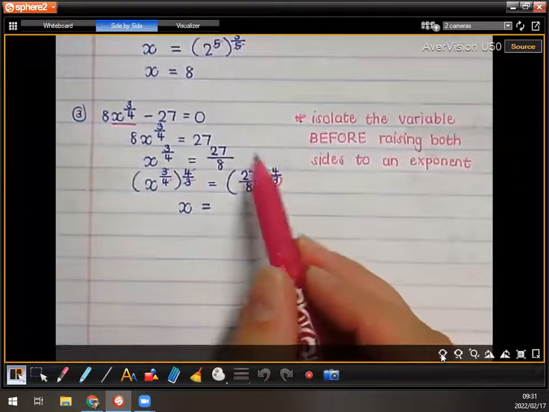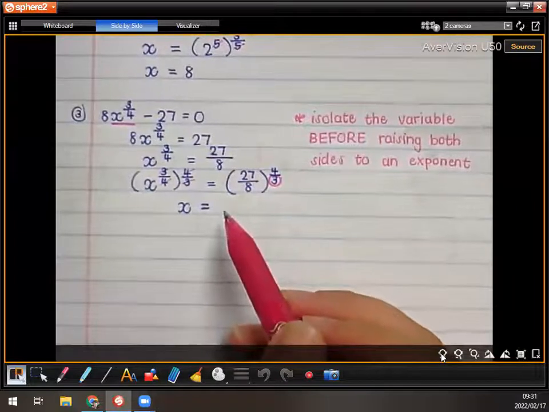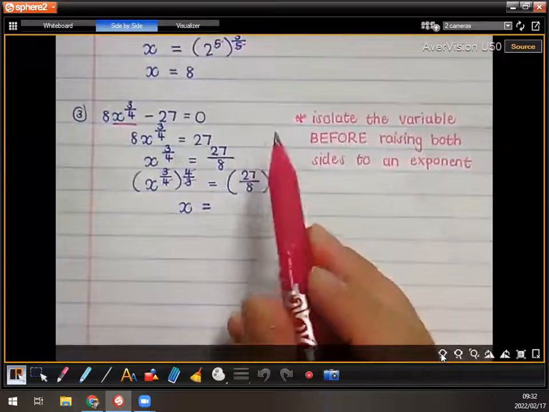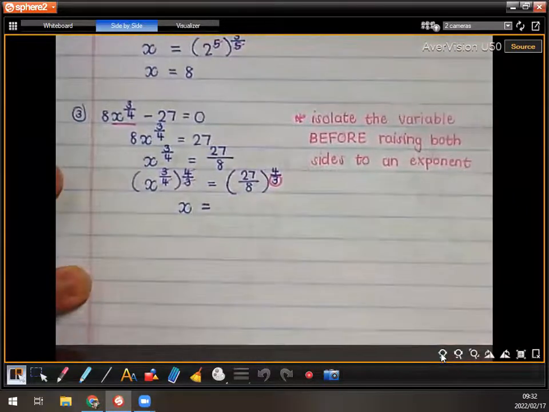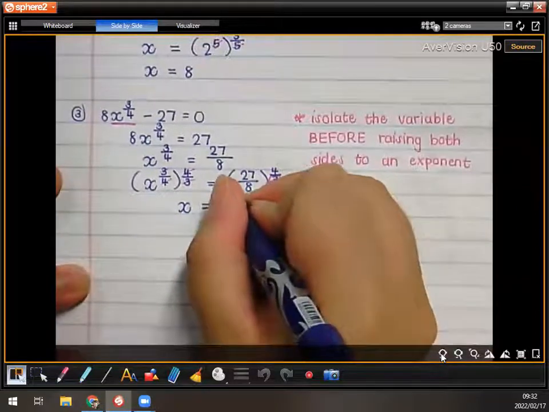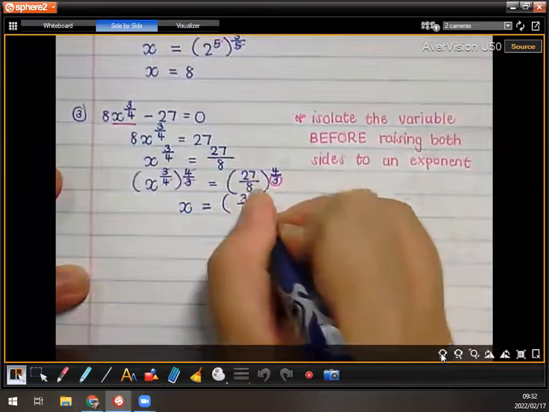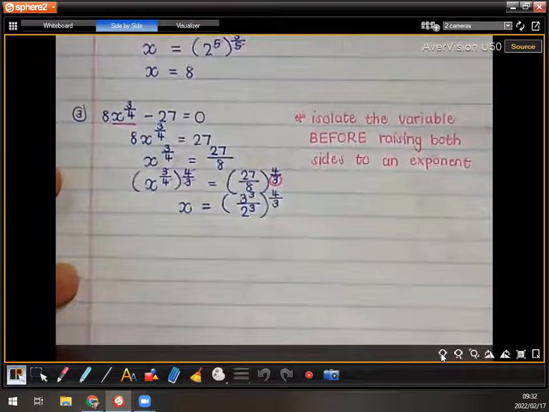So we need to write the base as something to the power of 3. Right? What's 27? 27 is 3 to the 3. And what about 8? 2 to the 3. So that's what we're going to do, guys. We're going to write 27 as 3 to the 3 and 8 as 2 to the 3. And that is all to the power of 4 over 3.